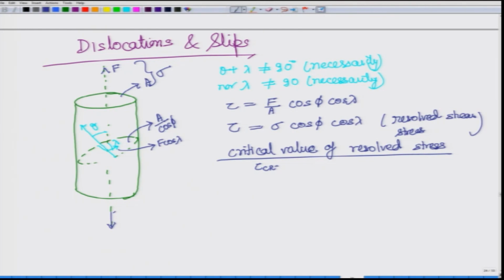So, let us term it as tau CRSS, critically resolved shear stress. So, this tau, the resolved shear stress, equal to sigma cos phi cos lambda, must be greater than tau CRSS for dislocation to move.